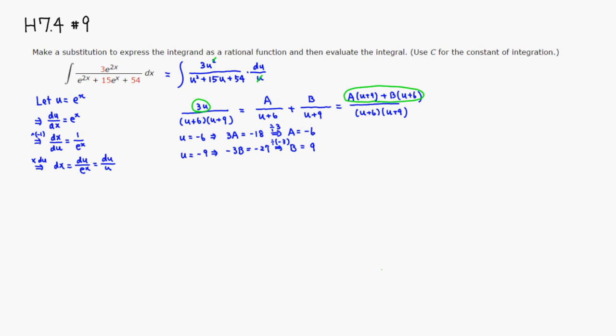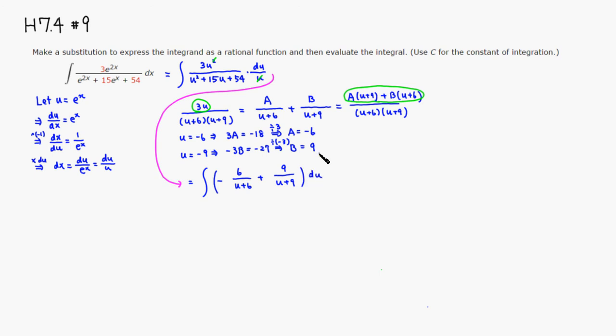Alright, so we can rewrite this integral as the integral of negative 6 over u plus 6, plus 9 over u plus 9, with respect to u.